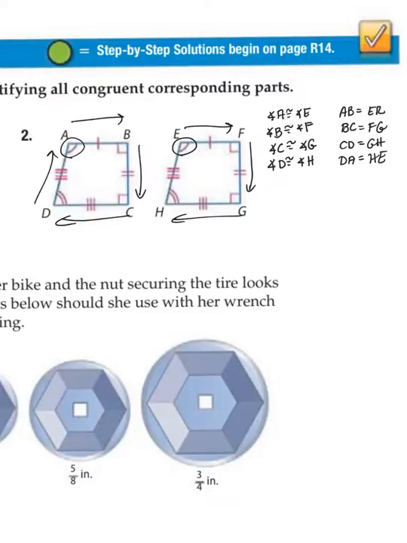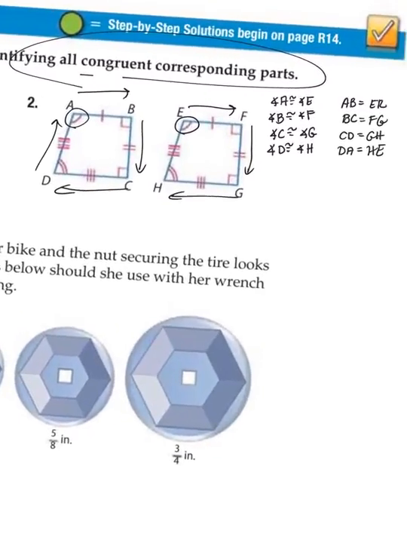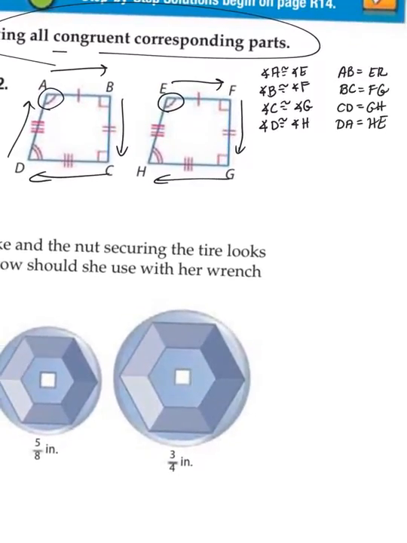So we have, at this point, identified all the corresponding parts. Now, when I write my congruency statement, I can't do triangle this time because this is a quadrilateral. I'm going to say that poly means polygon. Poly ABCD is congruent to poly, make sure your letters are in order, EFGH. And that's what number 2 is asking you to do.